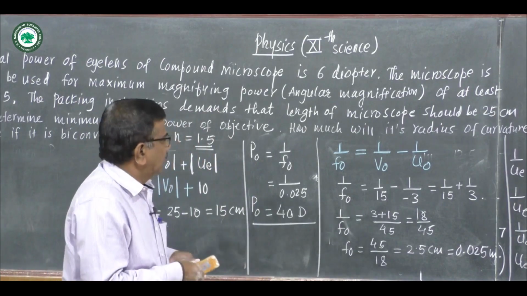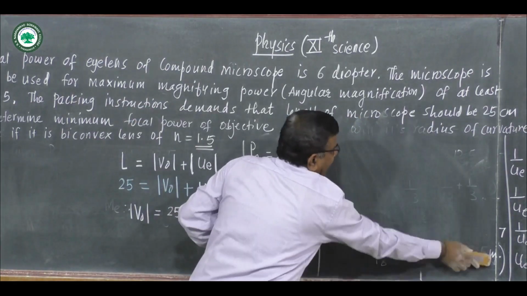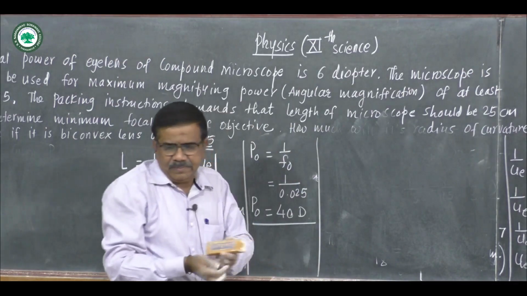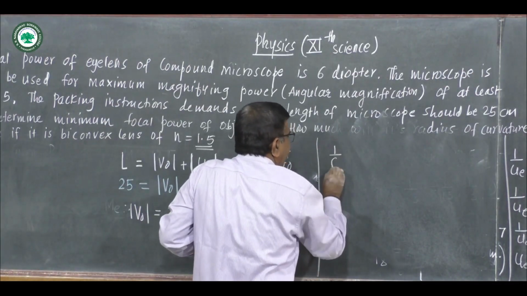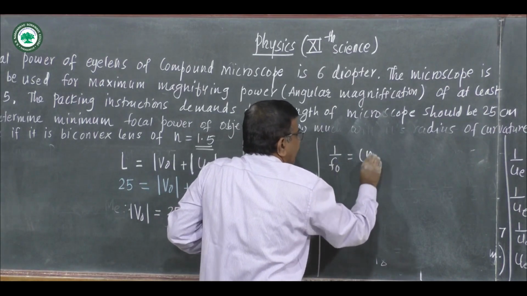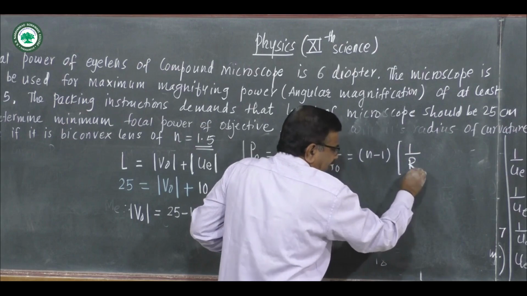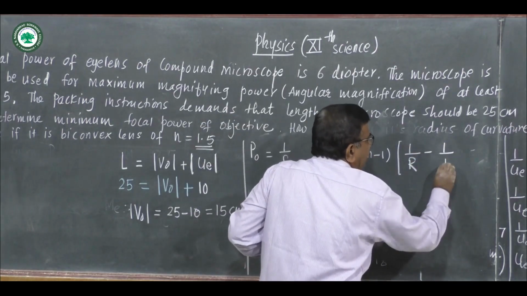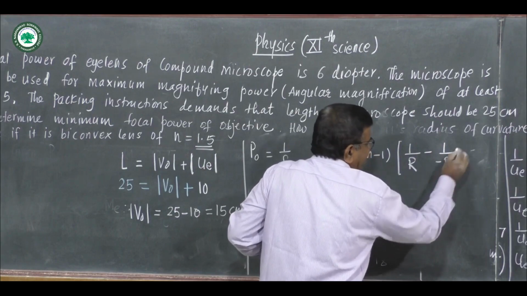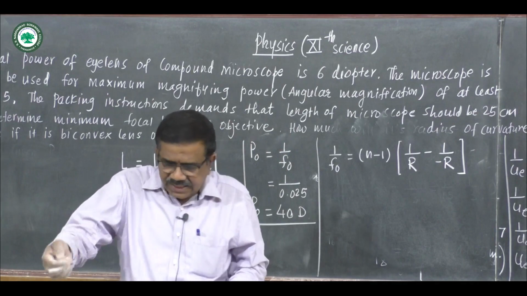Now we know the lens maker's equation, 1 upon FO is equal to n minus 1 into 1 upon R1 minus 1 upon R2. Here the radius of curvature R is the same, but one radius of curvature is positive and the other is negative.